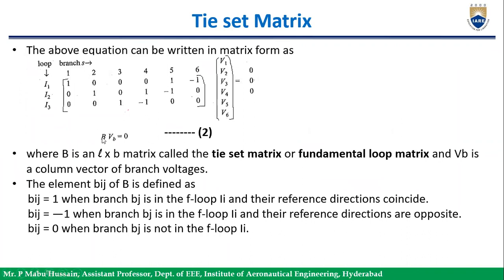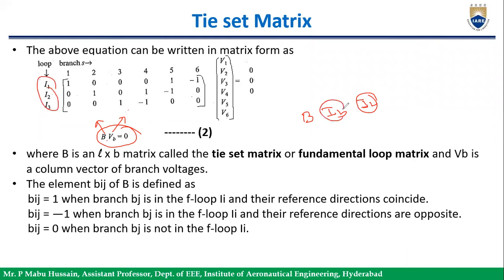That Tieset matrix branch voltage relation is BV = 0. Similarly, between the Tieset matrix B and branch currents you can also develop an equation along with the link currents. Link currents are nothing but these loop currents.